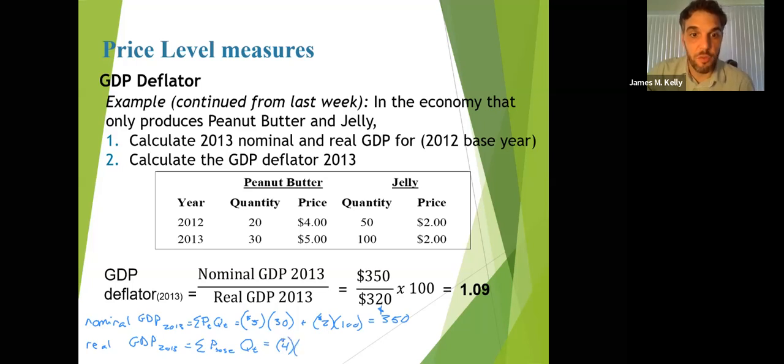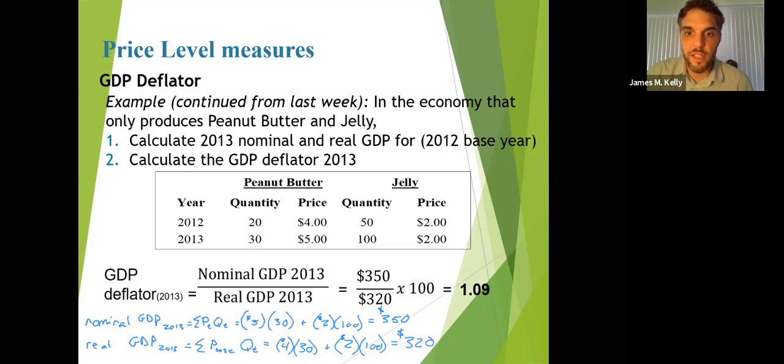The quantity produced in 2013 is still 30. For jelly, the price was still $2, same as it was in 2012, and the quantity produced is still 100. So what is the real GDP in 2013 using 2012 prices? Well, 4 times 30 is 120, 2 times 100 is still 200, and 200 plus 120 equals $320.